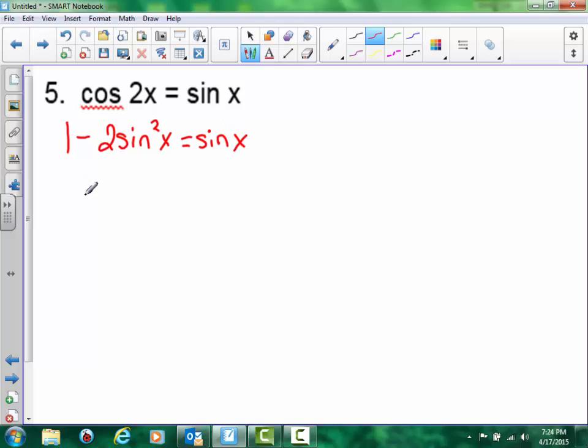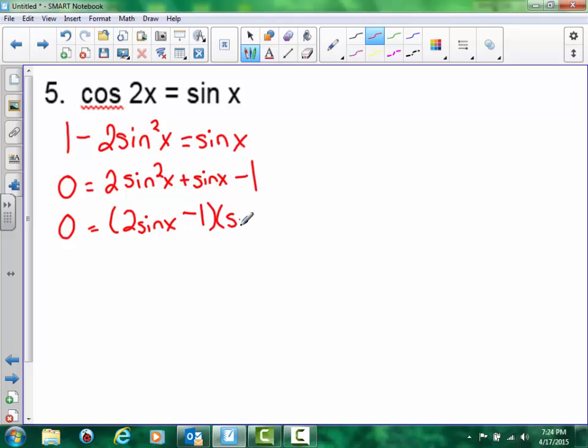So I'm going to move everything over to the right-hand side. So I've got 2 sine squared x plus sine x minus 1. And that would factor to 2 sine x minus 1 and sine x plus 1.